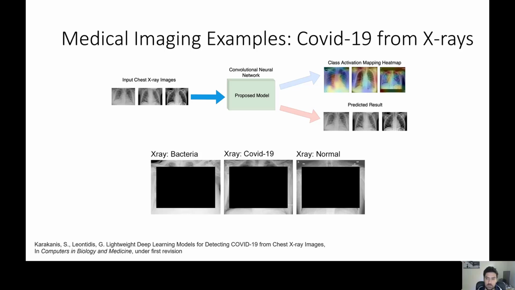For instance, if it tells you that this specific image is a COVID-19 image, it will show you with a heat map which part of the chest shows COVID-19 symptoms, and that is the part of the image the model considered most important for differentiating between COVID-19 and other types of inputs.